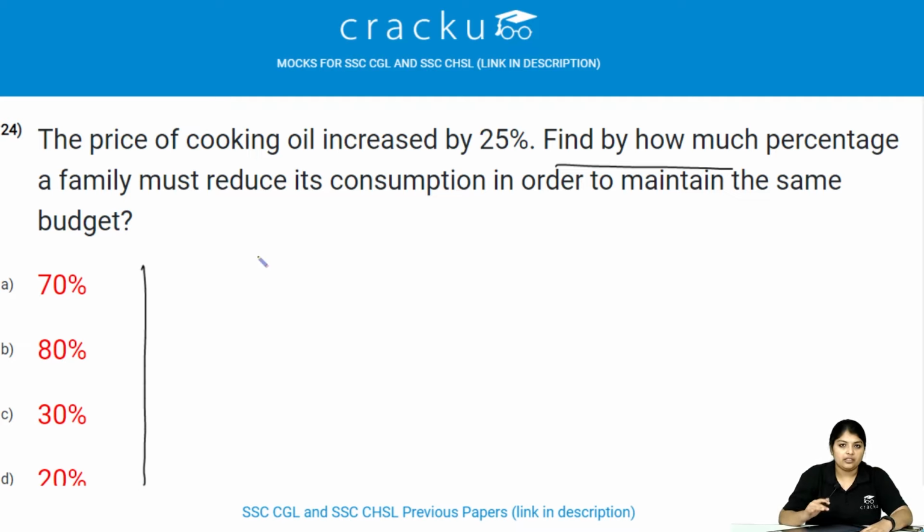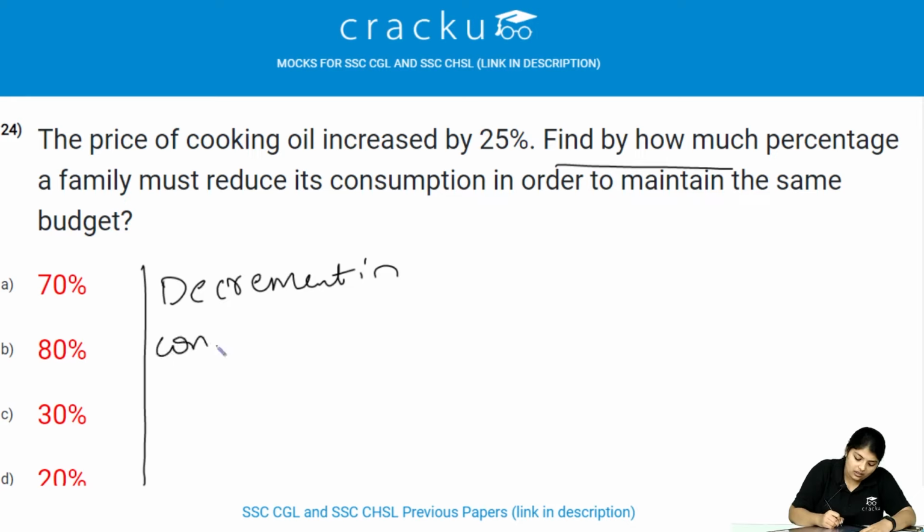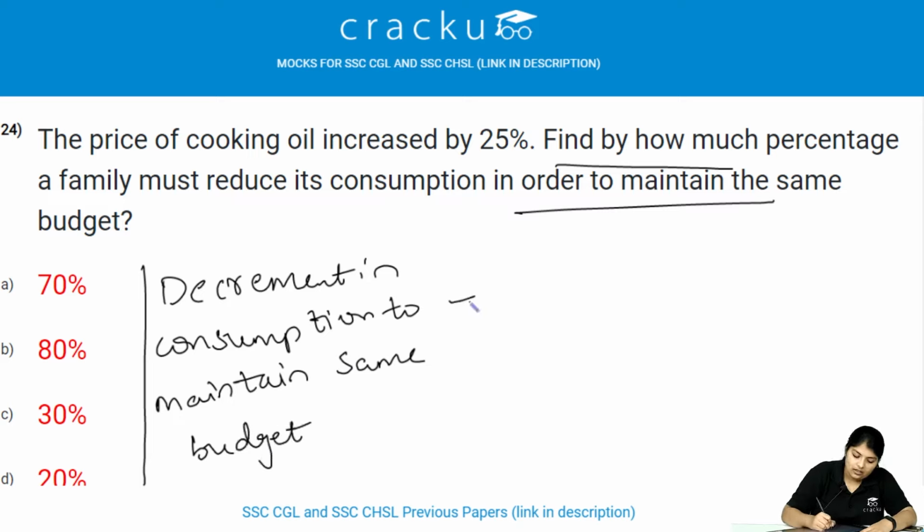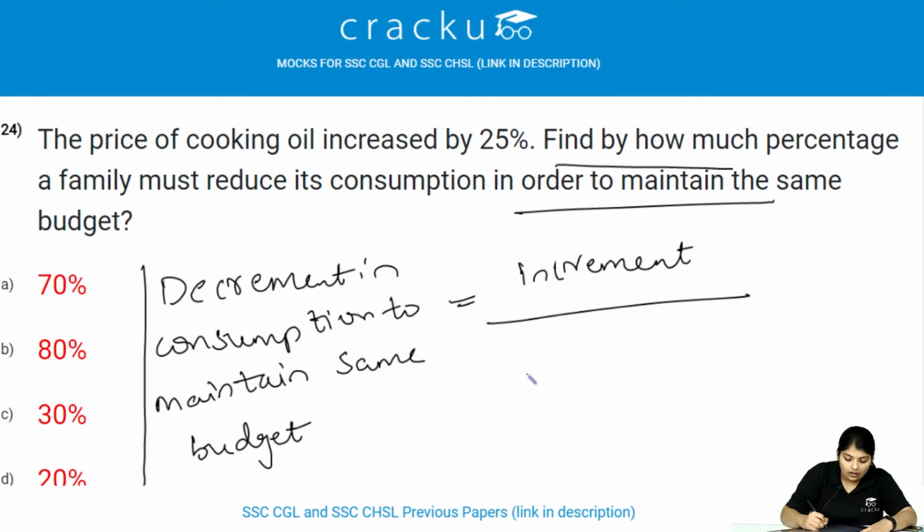We have a formula for this one, that is, the decrement in consumption in order to maintain the same budget is equal to increment by increment plus 100, into 100.